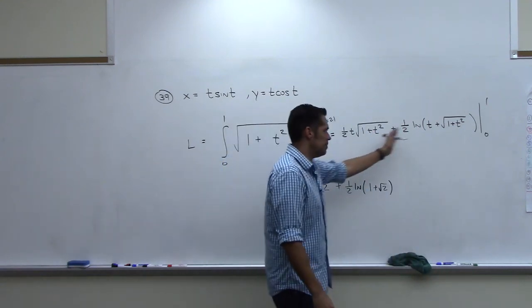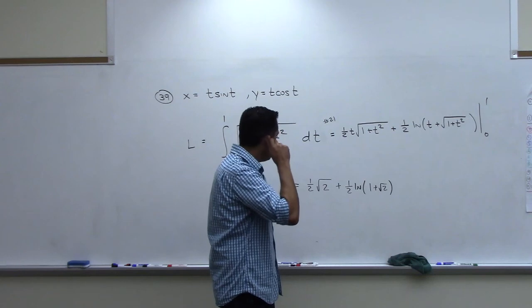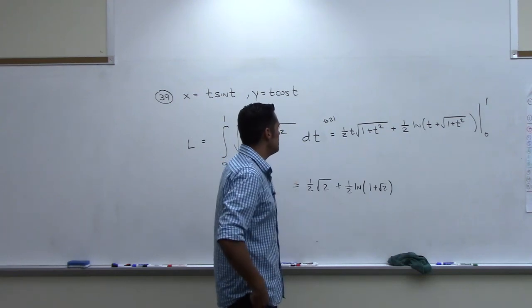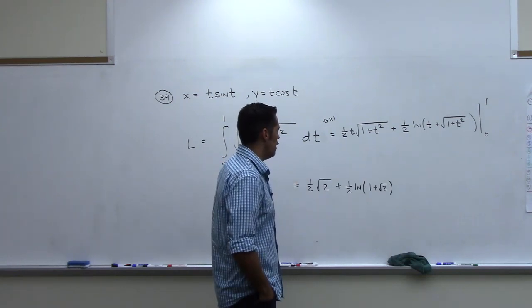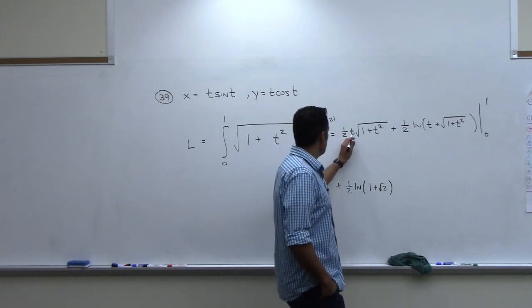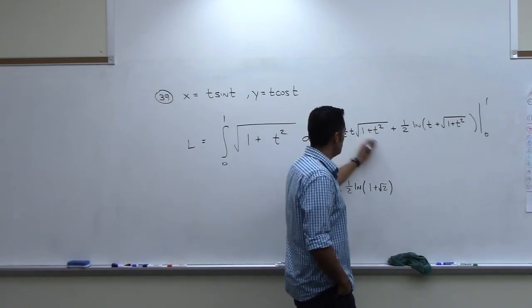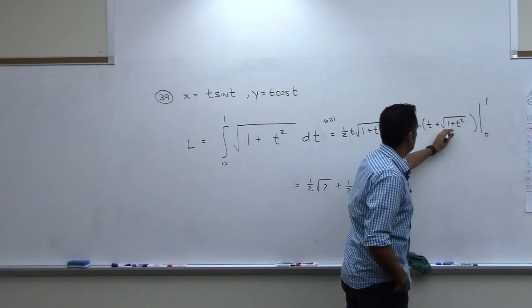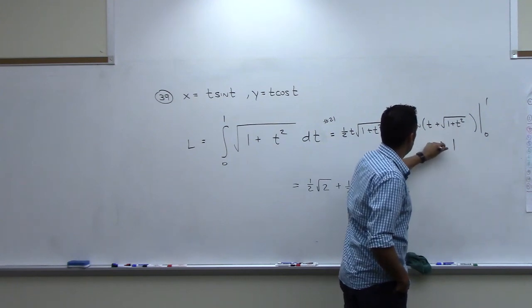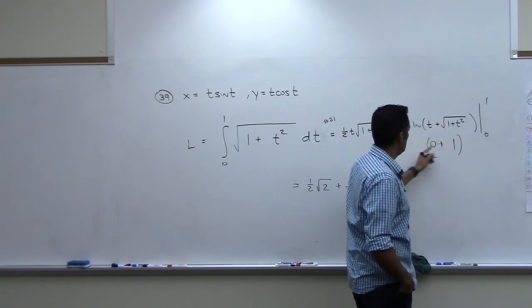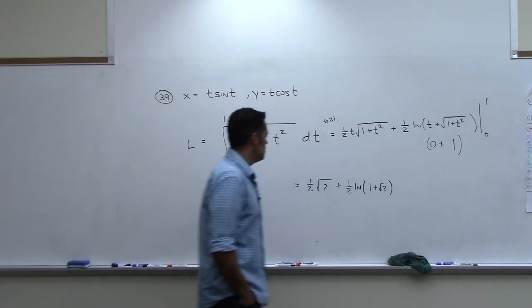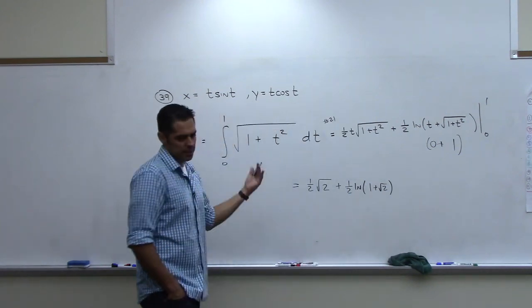So that's just replacing all our t's with 1s. And then minus plug in 0. And when we plug in 0, I believe everything goes away. Because 0 here is going to kill off this entire piece. And then 0 here is going to give me a 1, and then plus 0, but that's in a log, and the log of 1 is 0. So that's it right there. That's the exact answer.